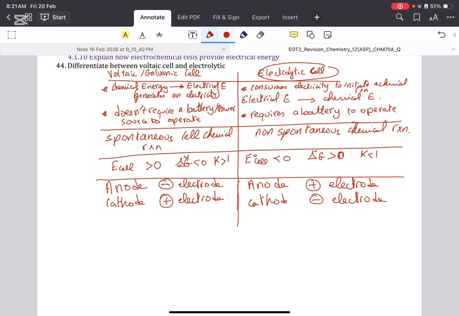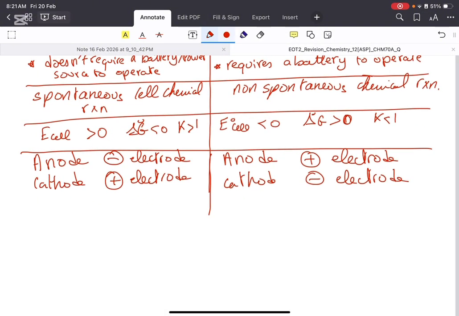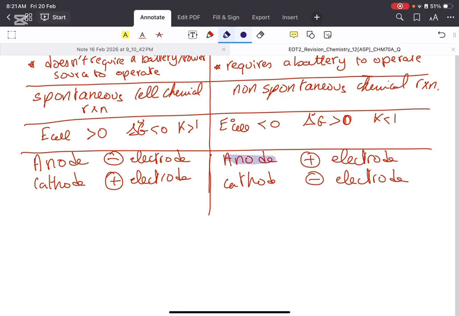But where oxidation takes place and where reduction takes place doesn't change, which means in both the anode of the electrolytic cell and the anode of the galvanic cell, there is an oxidation taking place and a loss of electrons. And in the cathode of the electrolytic cell and the cathode of the galvanic cell, both of them, there is a reduction and a gain of electrons.